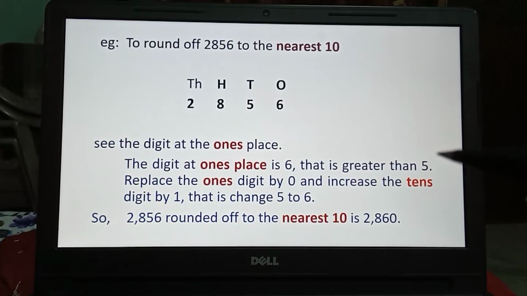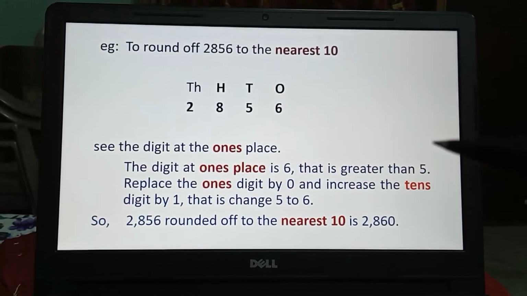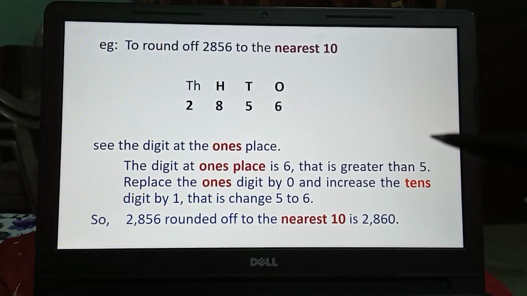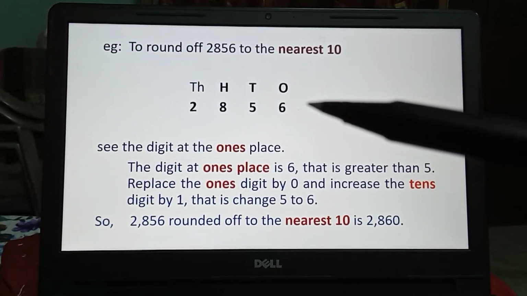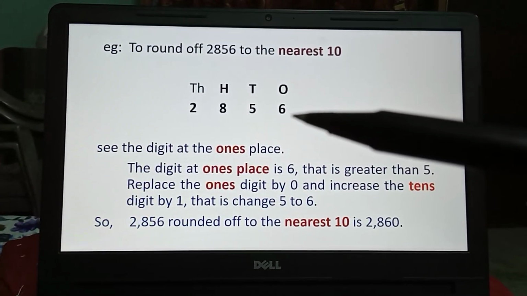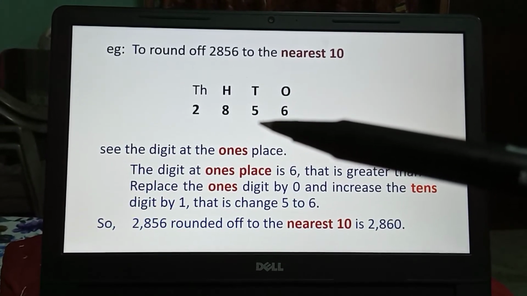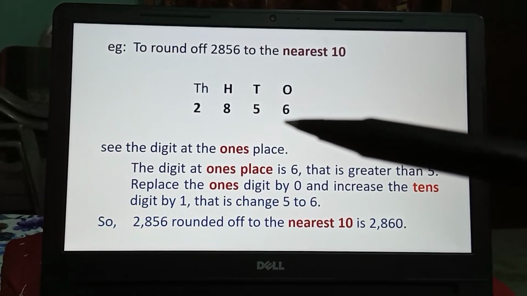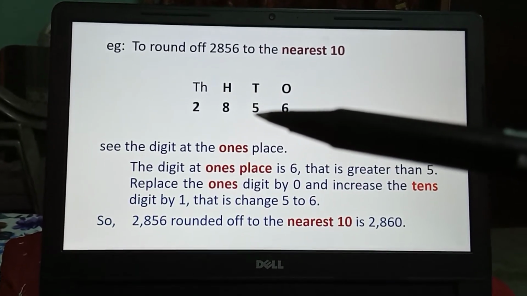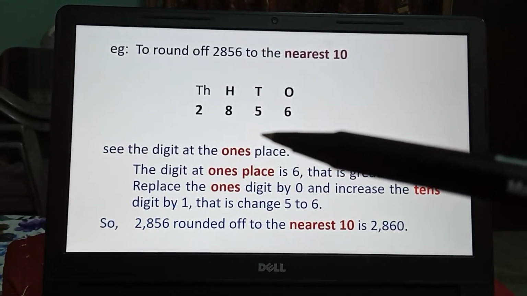So when the digit at the ones place is 5 or greater than 5, we follow rule number 2. So here we will follow rule number 2. In this rule, what will we do? This ones digit will become 0 and the digit at the tens place will increase by 1. This 6 becomes 0, but this 5 will increase by 1, that is, it will become 6.